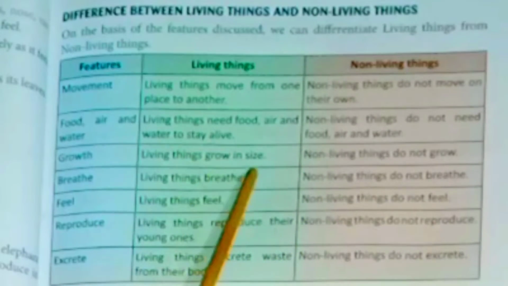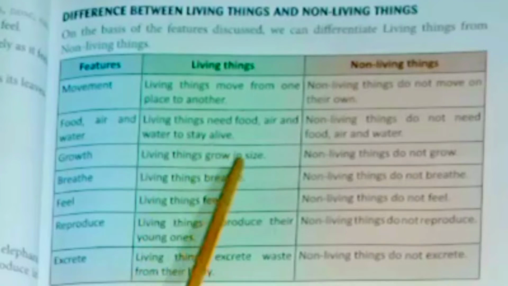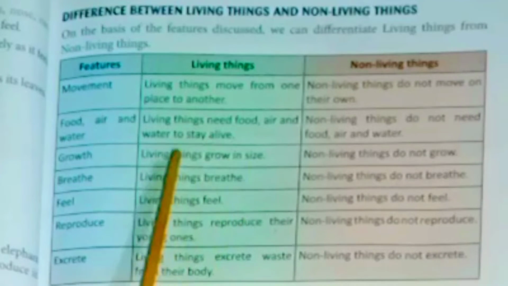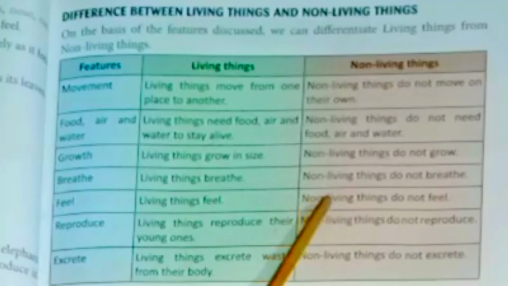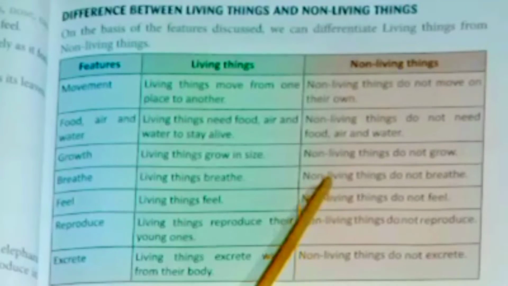You have seen plants in your garden. Before 1 month its size was small, now it is slightly bigger. It is growing up. But the tub in which you have planted that plant, do you think it is also growing with the plant? No, because it is a non-living thing.